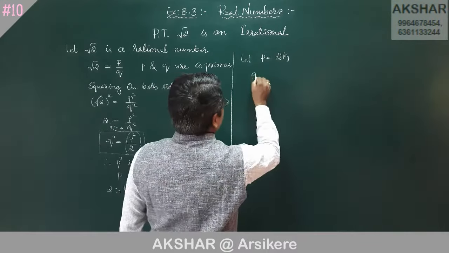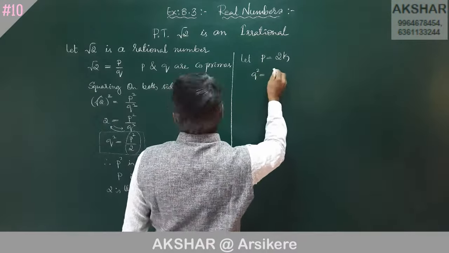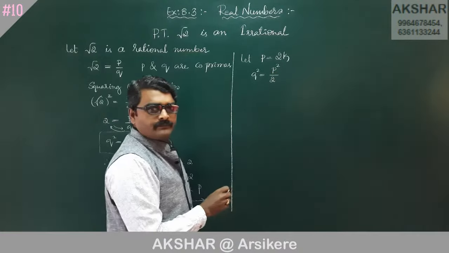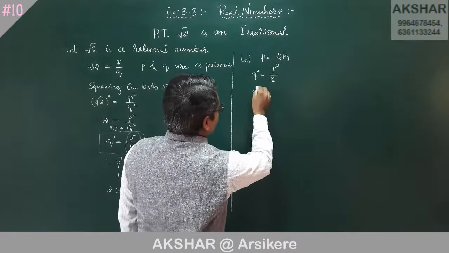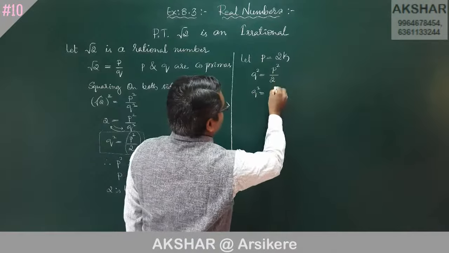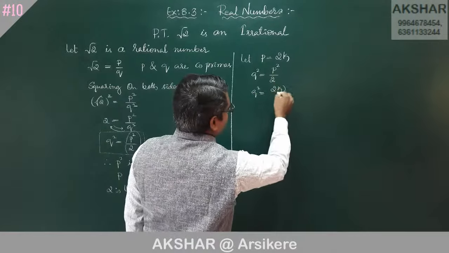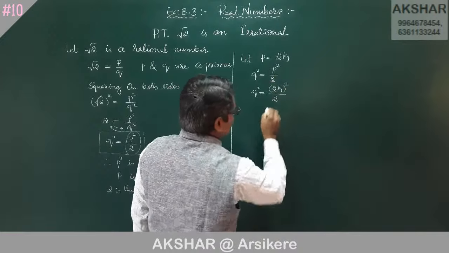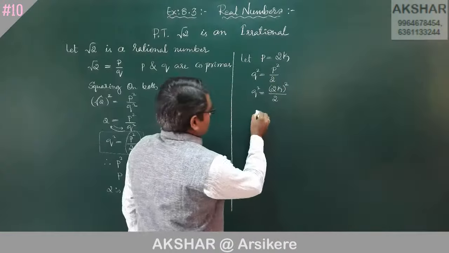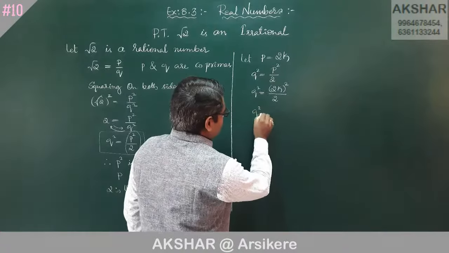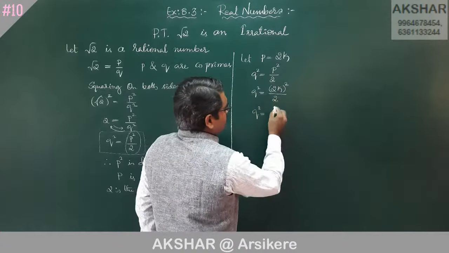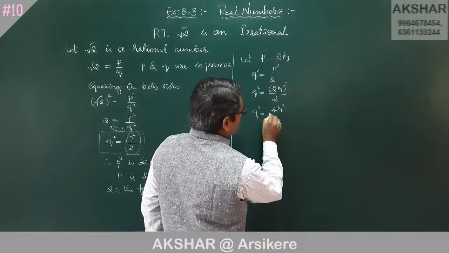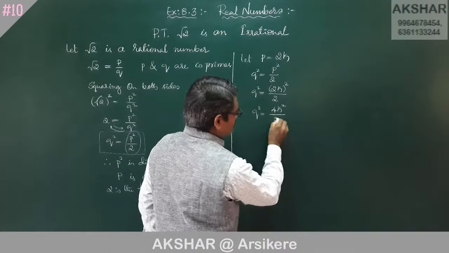Yes, the equation is q square is equal to p square by 2, okay. Yes, q square is equal to, p means 2k, whole square, therefore divided by 2, right? Yes, q square is equal to, 2 square is 4 and k square remains the same, divided by 2.